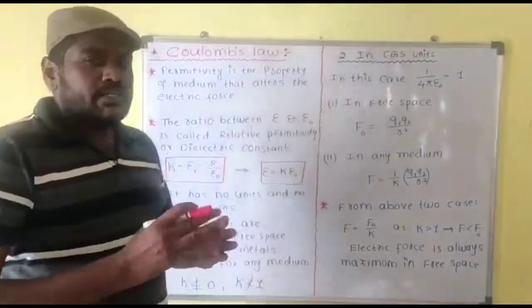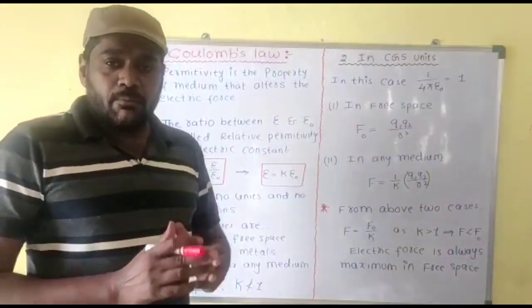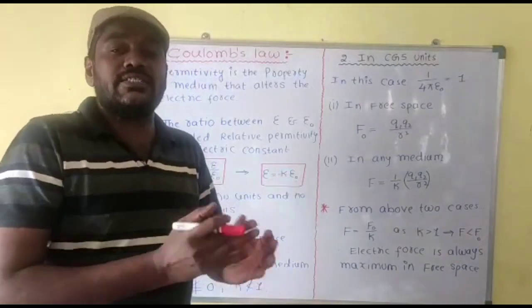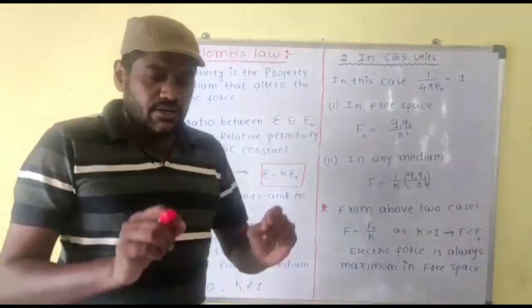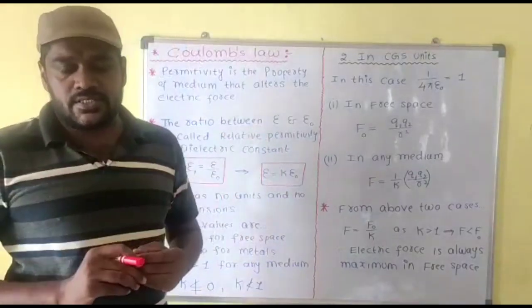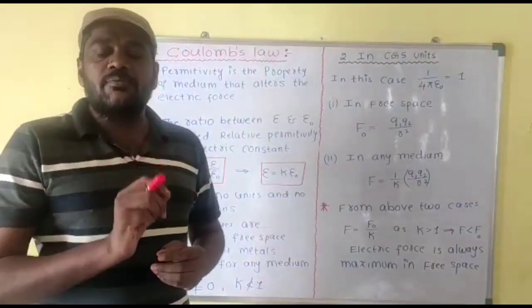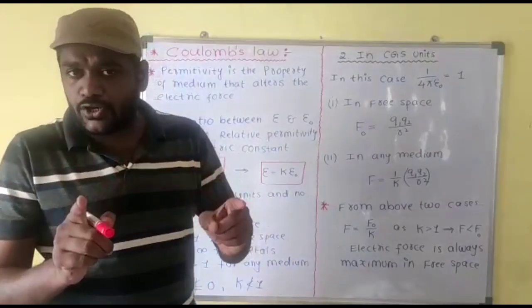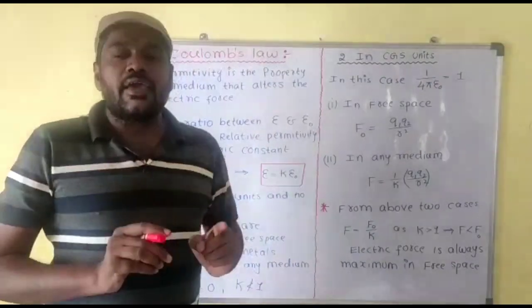Now what is permittivity actually? Permittivity is the property of a medium that changes the electric force between two charges. For example, consider two charges. The electric force between them is 20 Newton when they are in vacuum, free space or air.